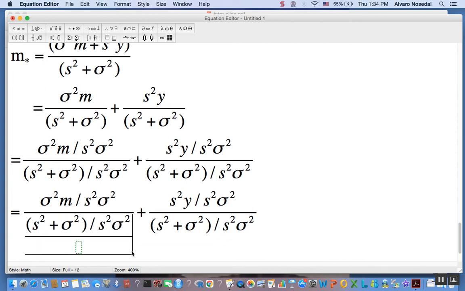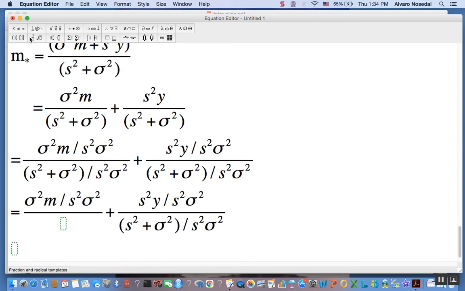Not what I want, sorry. Yeah, let me change that. So I want 1 over sigma squared plus 1 over s squared, because that's also the precision, right? That's the alternative expression for the precision once you have simplified this one here, right?